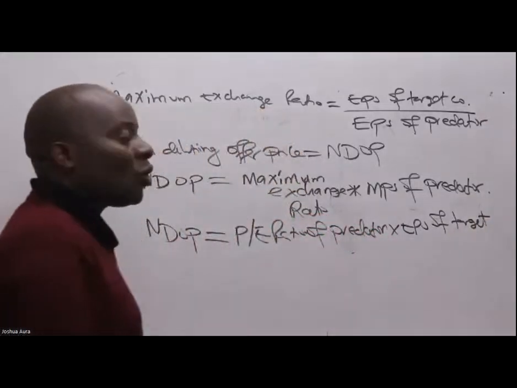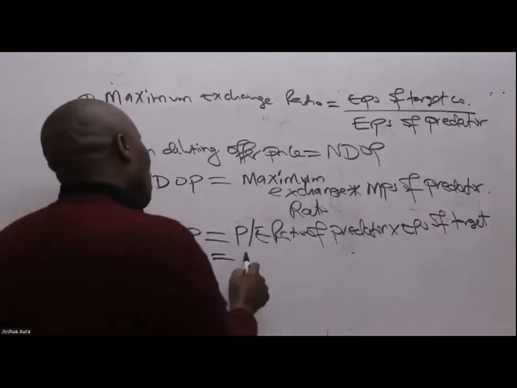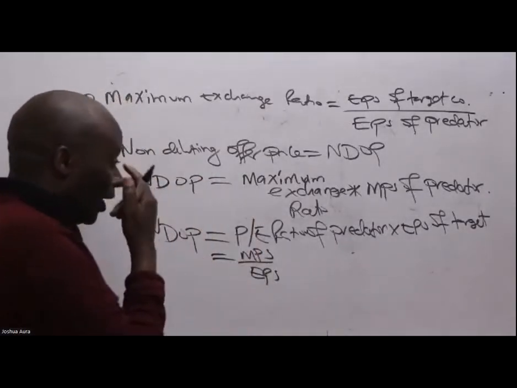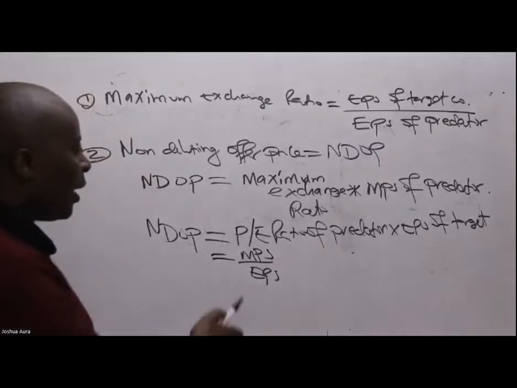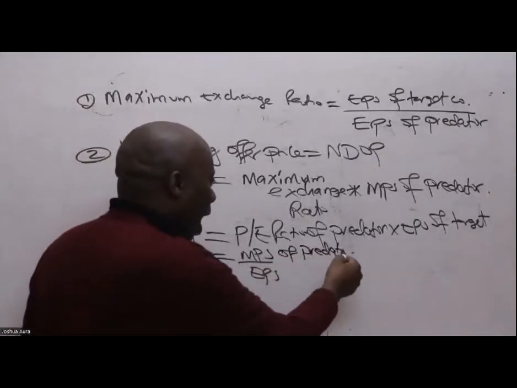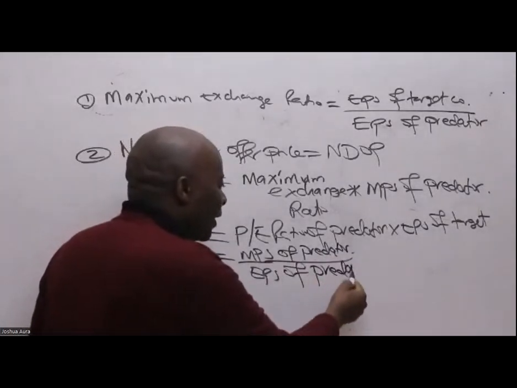What Mr. George is telling us is that this PE ratio, of course, he knows the formula, is MPS all over EPS. So it is MPS of predator all over EPS of predator.